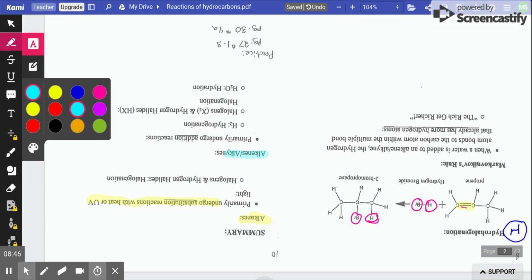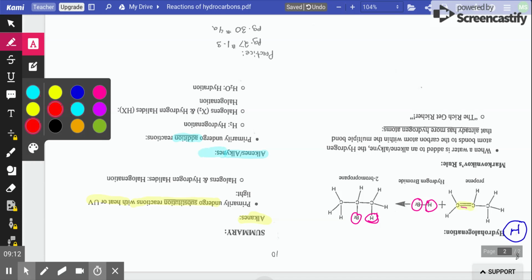Alkenes and alkynes undergo addition reactions, and the addition reactions are hydrogenation, halogenation, hydration, or hydrohalogenation. So just remembering the big key things here: alkanes undergo substitution, alkenes and alkynes undergo addition reactions.